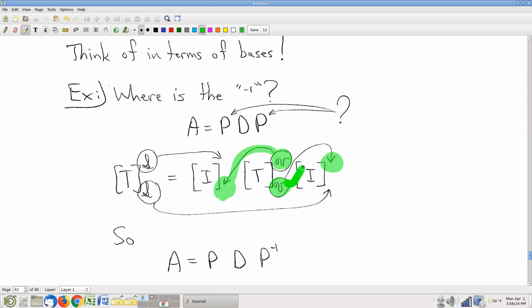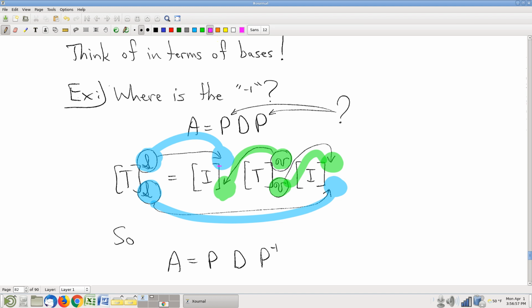So those kind of have to pair up. And then, analogously, the input language for what's on the left has to be the same as the input language for the product on the right. The output language from the left has to be the same as the output language for the product on the right. So those kind of have to pair up like this. And this lets you fill in exactly which bases go where.